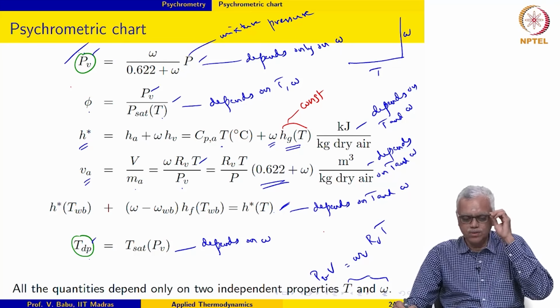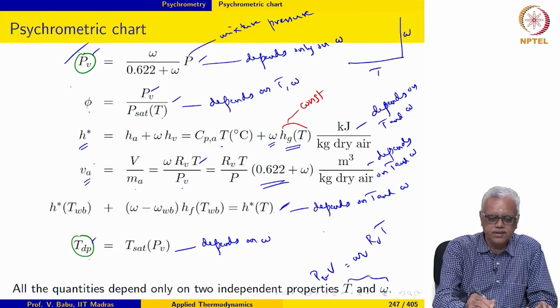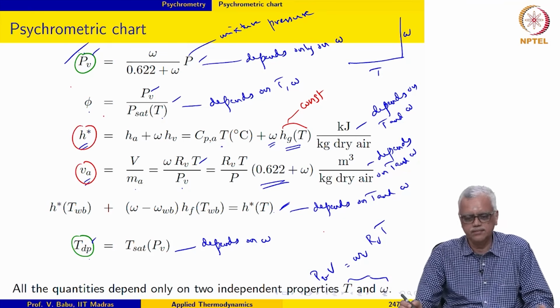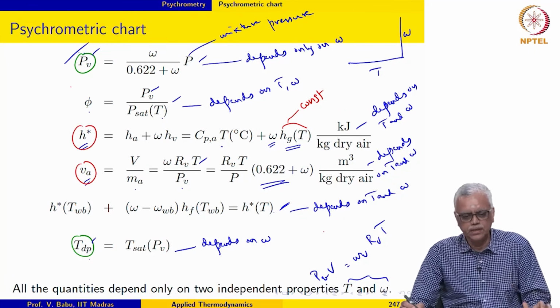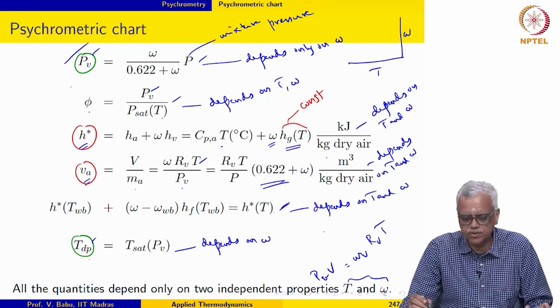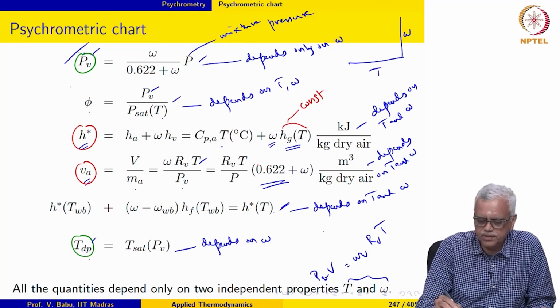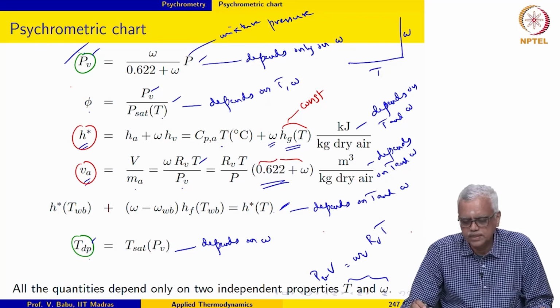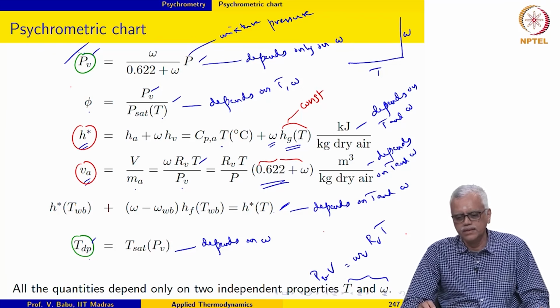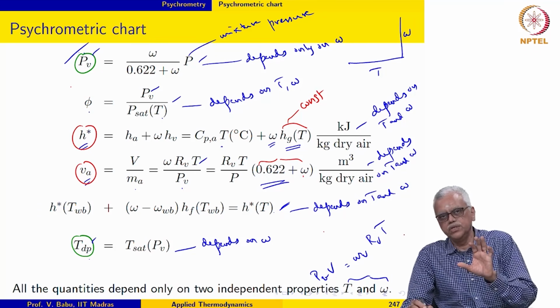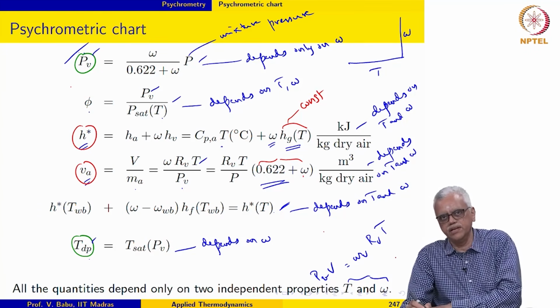Let us now move on to the next quantity Va. Let us indicate this in red. Now, Va on the face of it appears to depend both on t and omega, but if you look at the second term here, 0.622 plus omega, remember omega in this expression has units of kg vapor per kg dry air.